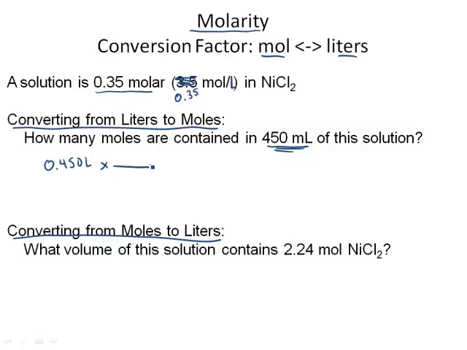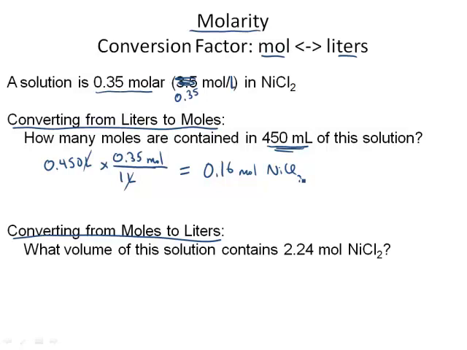Because you want moles and want to get rid of liters, the 0.35 moles goes in the numerator, and the 1 liter goes in the denominator. You multiply that through, the liters cancel, and you end up with moles. It's 0.45 times 0.35, and that's 0.16 moles of nickel chloride.